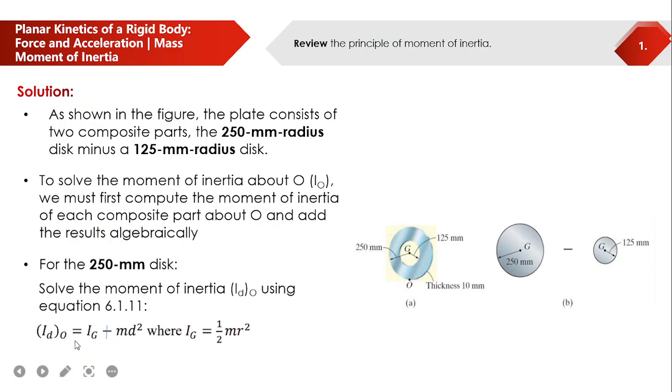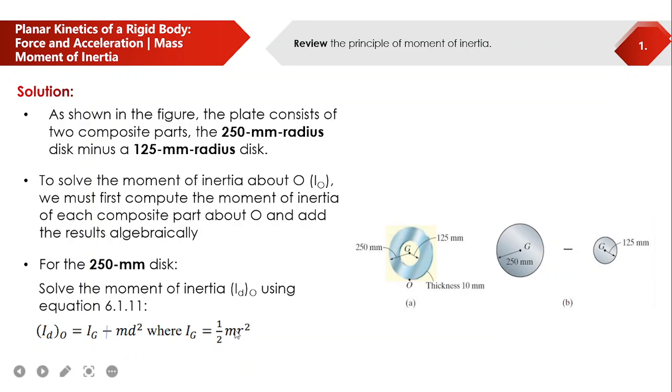Ito, kumbaga, using parallel axis theorem. So you have your I sub d sub O is equals to I sub g plus md squared, where I sub g is equals to 1 half mr squared.